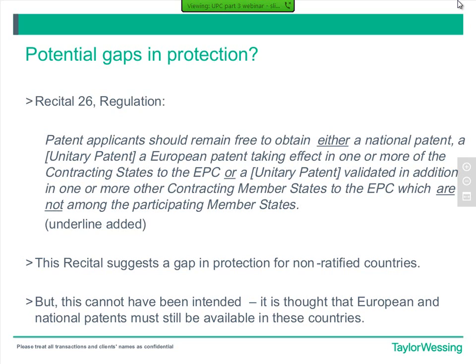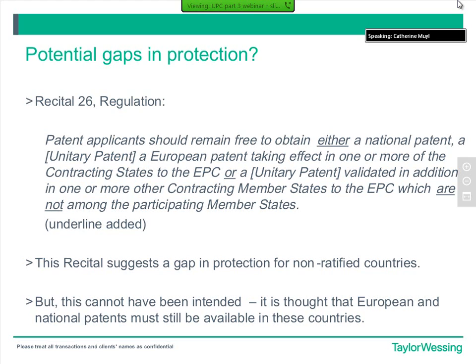And because this fourth possibility is not in the list in Recital 26, people have wondered, does this mean that this possibility is not open? But the general view is that it doesn't mean that, and that applicants will still be free to file European patents for countries that are not participating.